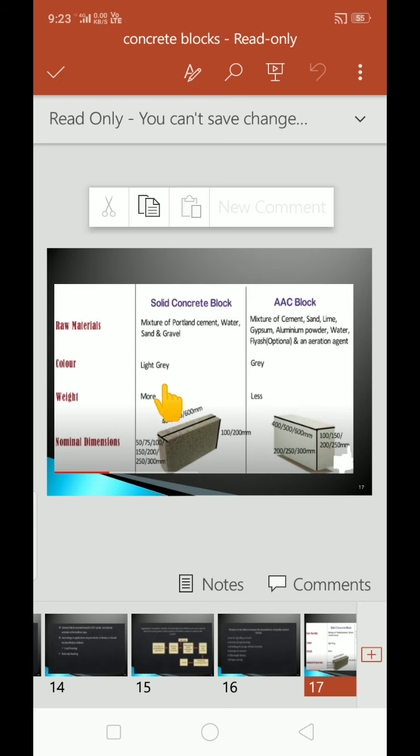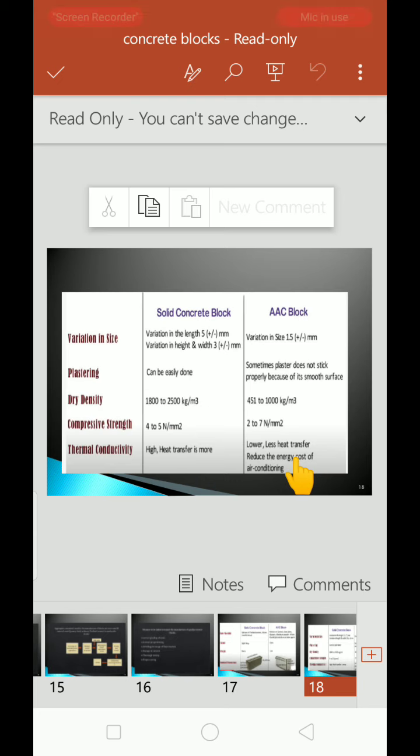Then color: light gray, here it is gray, and weight: it is more here, and this one is lightweight. And these are the sizes of the solid concrete blocks, and this is the size of the autoclaved aerated blocks. Next, variation in size.